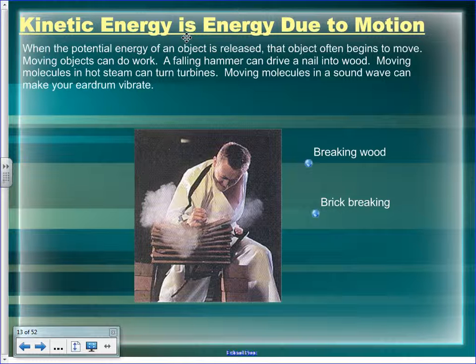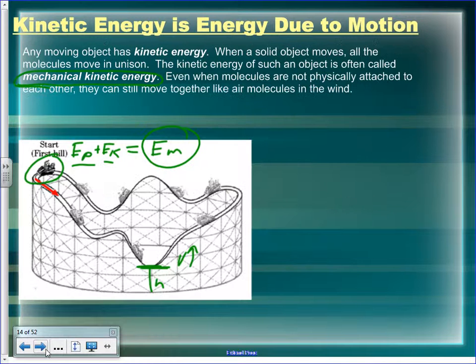Everybody with me there? For example, it is possible for, let's say, a brick to have the same amount of kinetic energy as a truck. The brick just has to be moving a lot faster than the truck. Everybody follow? All right, so those are the two things that can affect the kinetic energy of an object.